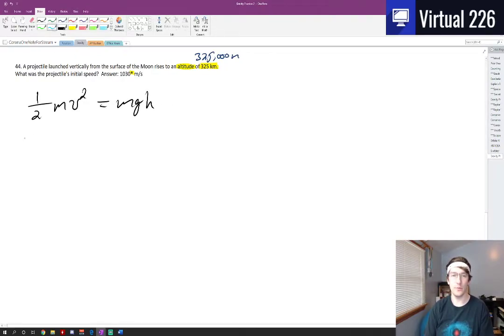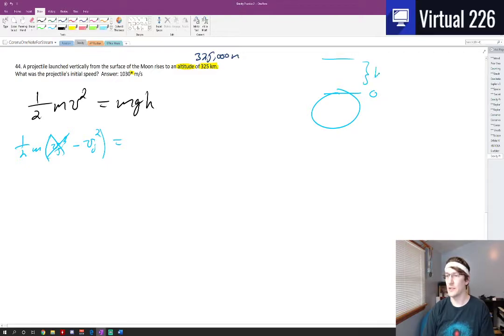A better way to write it would be 1/2 m (vf squared minus vi squared) equals the change in energy, where vf is 0. If they're calling the surface of the moon the reference point of 0, and up here is some height h, then we can say mgh here.